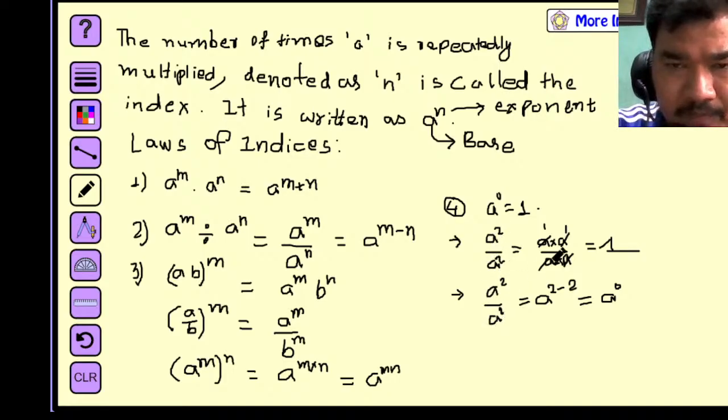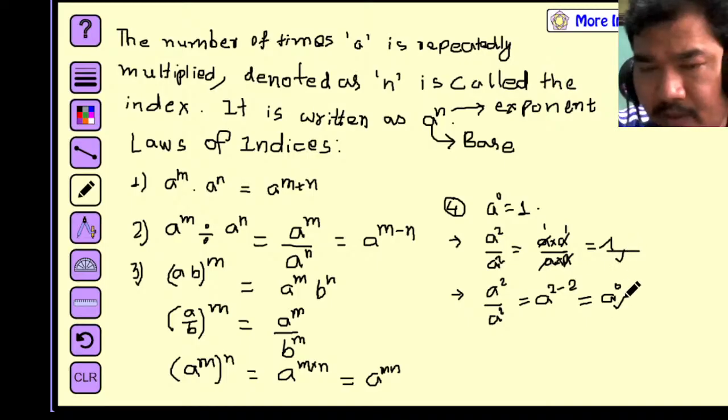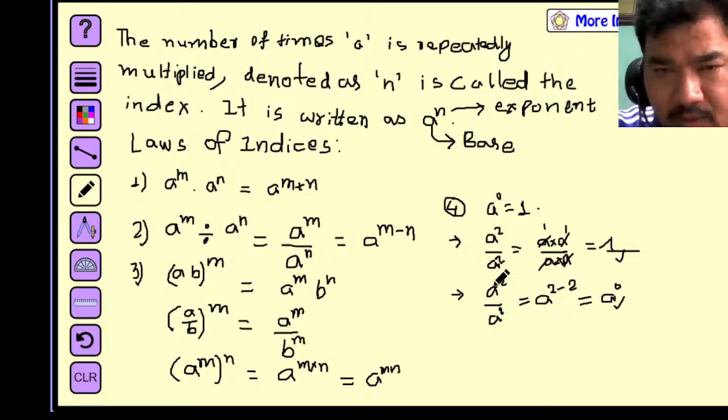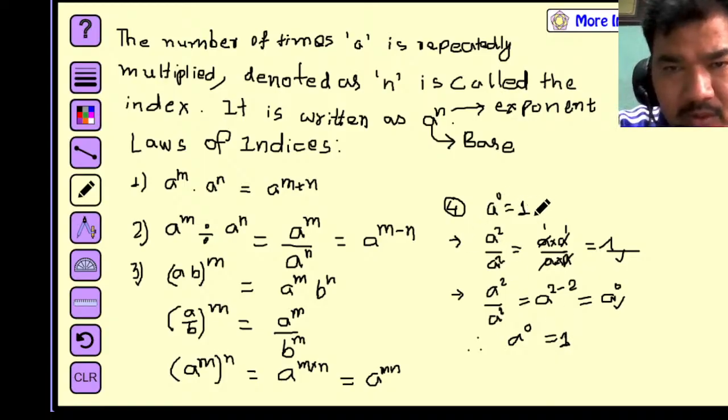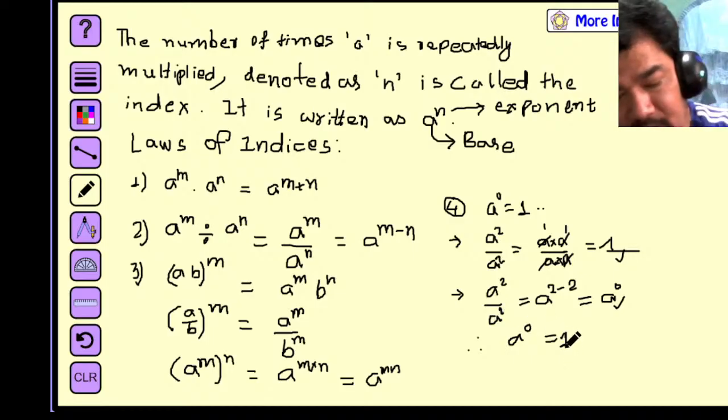But here the answer came 1 and here the answer came a to the power 0. Since the question is the same, their answers can also be made equal. The answer here was a to the power 0, and the answer of the first method was 1. Like this we find a to the power 0 equals 1. This is the reason why a to the power 0 equals 1.